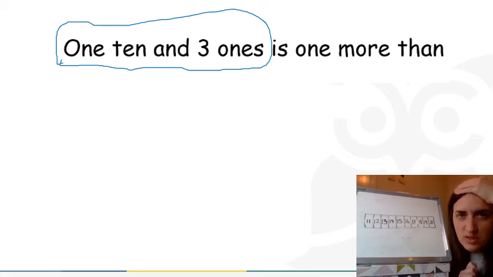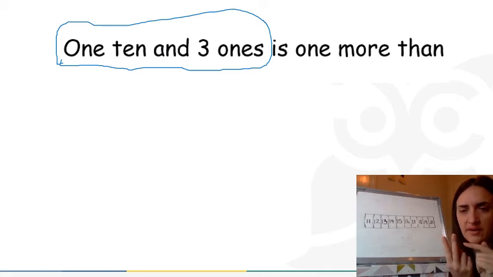So we're going to count on from 10, 3 more 1s. So 10's in my head, 11, that's 1 1, 12, that's 2 1s, I needed to add on 3 1s, 13. So the number is just 13.